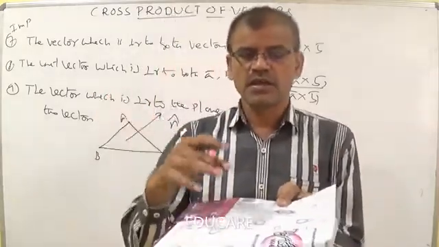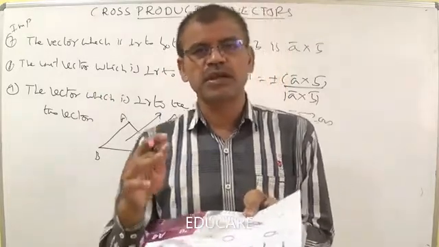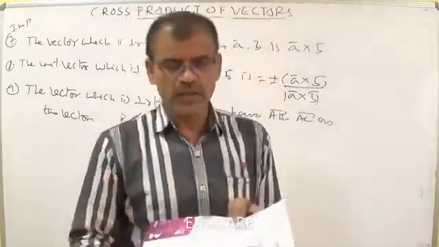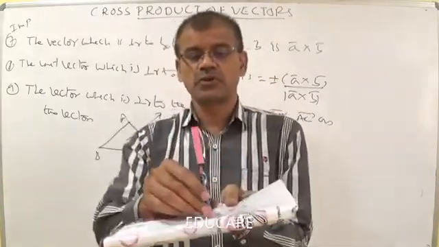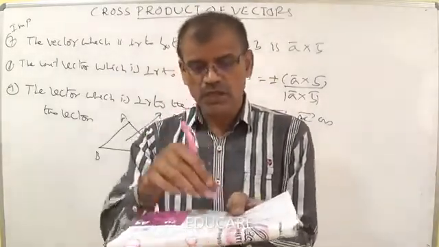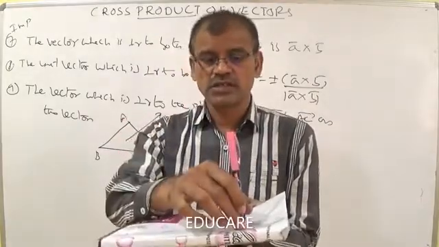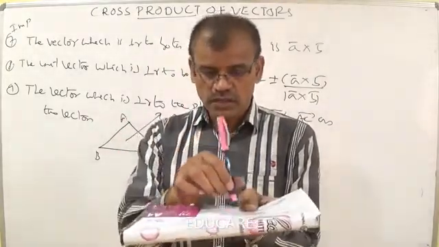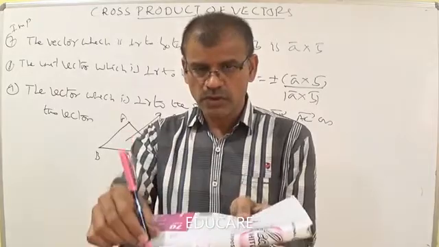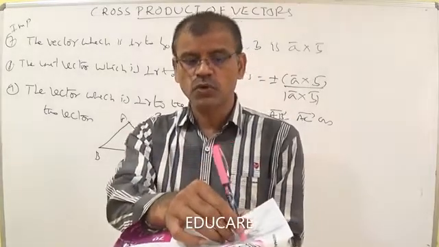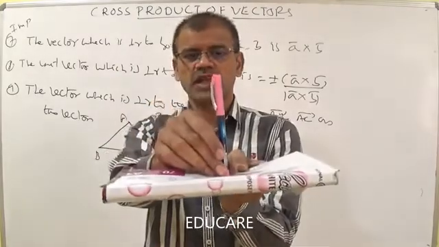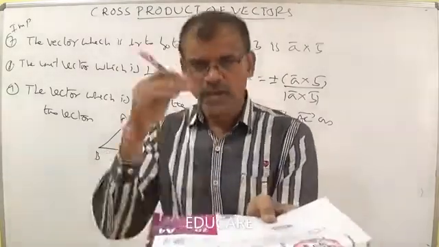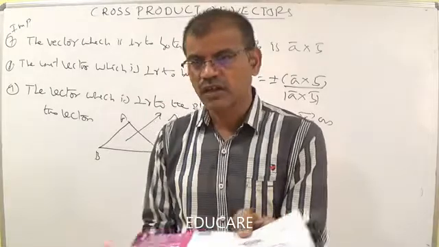If the vector is perpendicular to the plane, then the normal vector is perpendicular to every vector in the plane. Wherever you take, it is perpendicular. If you stand like this, it is a normal, it is perpendicular.